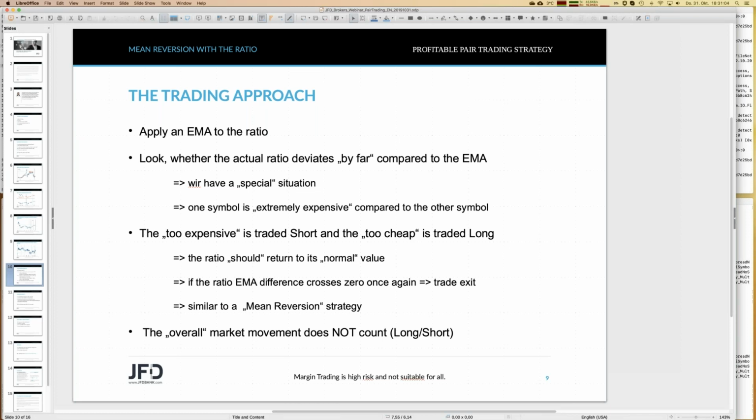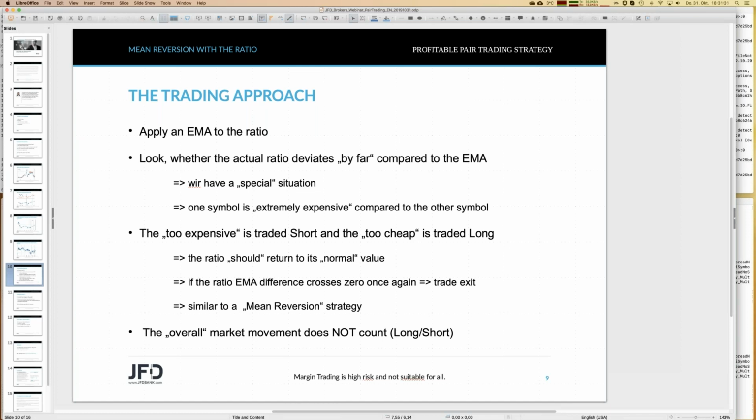So you see, it's exactly the same. The only thing is we don't have such a symbol like Brent divided by WTI or Dow Jones divided by S&P 500. If so, then it would be a mean reversion strategy and we would do exactly the same. So you see the similarities are really quite obvious.